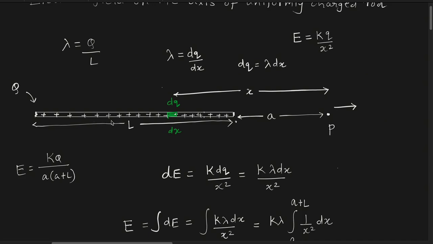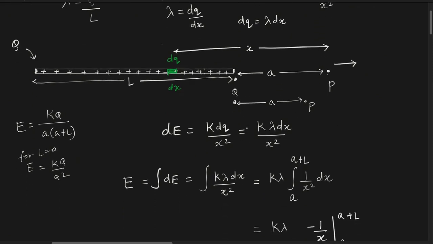If the rod has length 0, that system is the same as having the whole charge Q at distance A from the point P. Now if I put L equal to 0, I get the electric field to be kQ by A square, which is correct, because if a point charge Q is at distance A from the point P, it should have kQ by A square as the electric field. So whatever we have derived is correct.